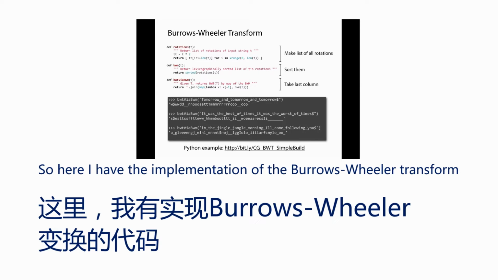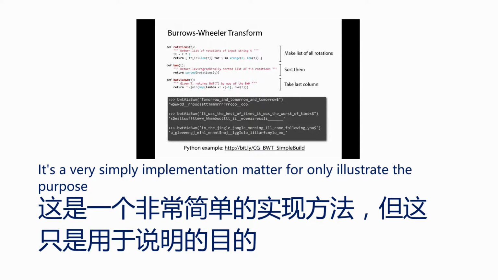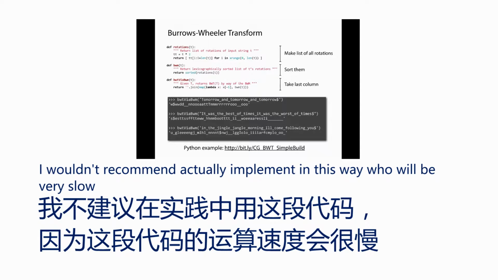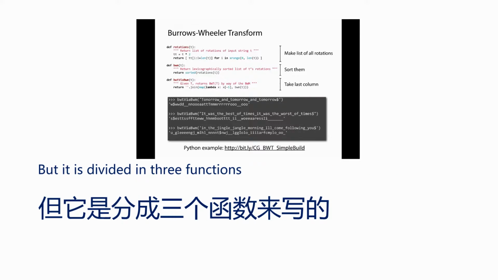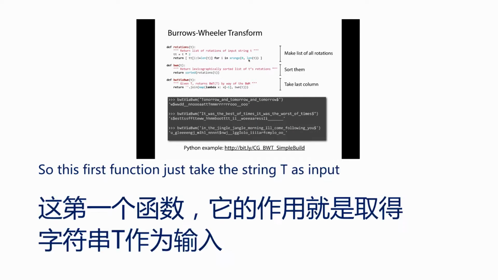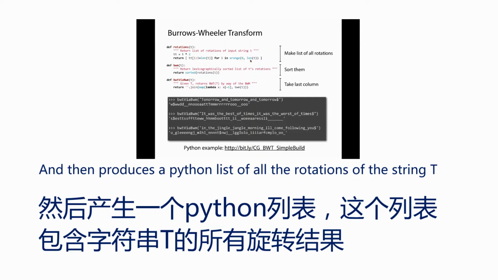so I'm going to be making all those things clear. So here I have an implementation of the Burrows-Wheeler Transform. It's a very simple implementation, meant really just for illustrative purposes. I wouldn't recommend actually implementing it this way. It would be very slow. But it's divided up into these three functions. So this first function just takes a string t as input and then produces a Python list of all the rotations of the string t.